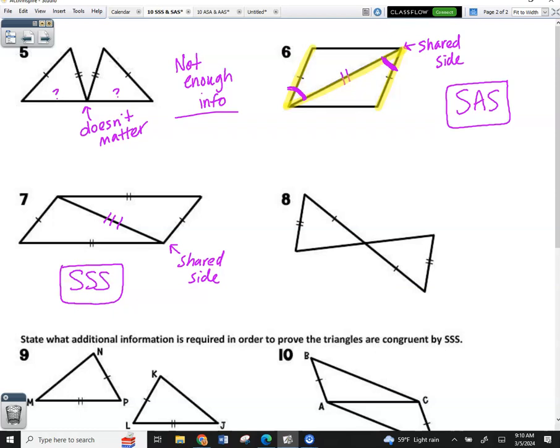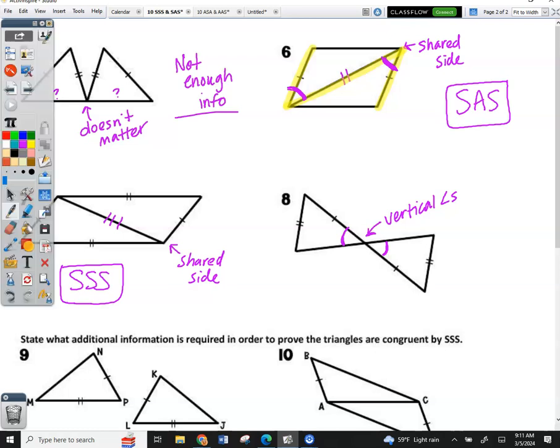Number 8, is it sneaky? Yes, it is sneaky. What is not marked that needs to be marked? Vertical angles. And I want you to draw the arrow and write vertical angles, because I promise when I turn you loose with these practice problems, if you'll write that and then mark them congruent, this is going to get easier along the way.